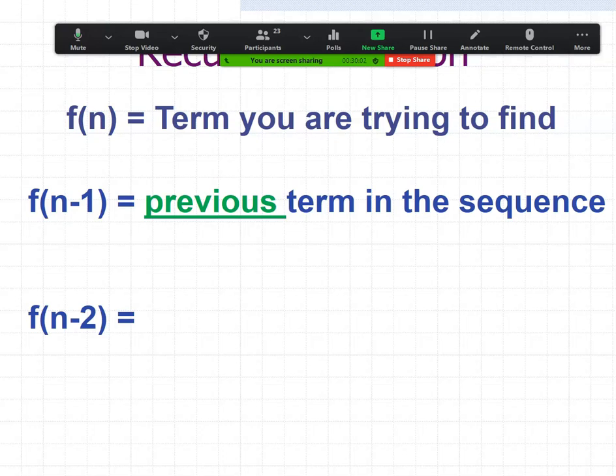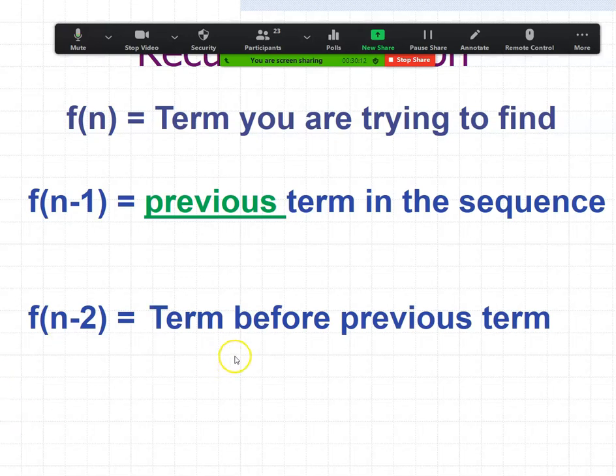How would you describe 9th grade if you are an 11th grader right now? One way you might see it is the term before the previous term, or the year before the previous year. It's a little tricky to understand, but that's how you would interpret f of n minus 2.